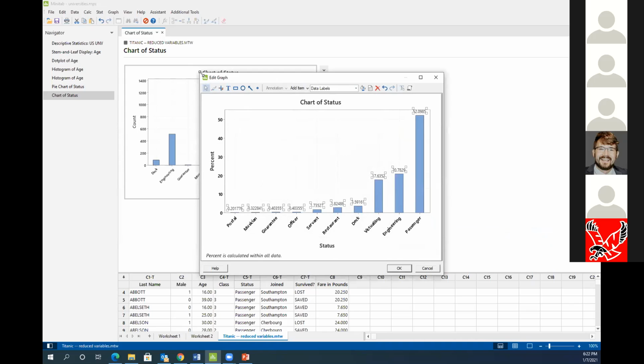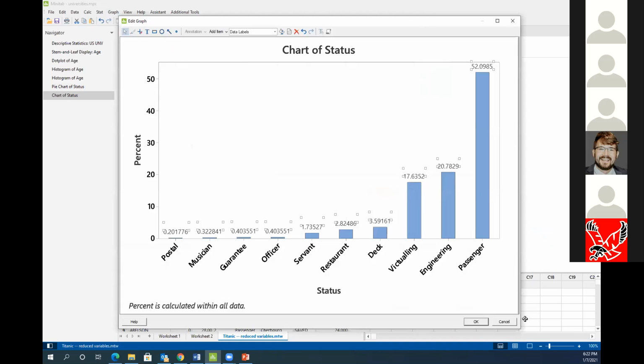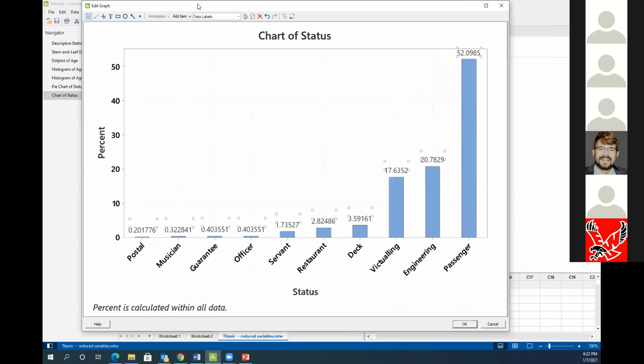So I hope you can see this. So this is highest, passenger 52%, and postal is least, people, musician. You can also place the number instead of that. So this is another way of doing it. So if you have too many categories, use the bar chart instead of pie chart.